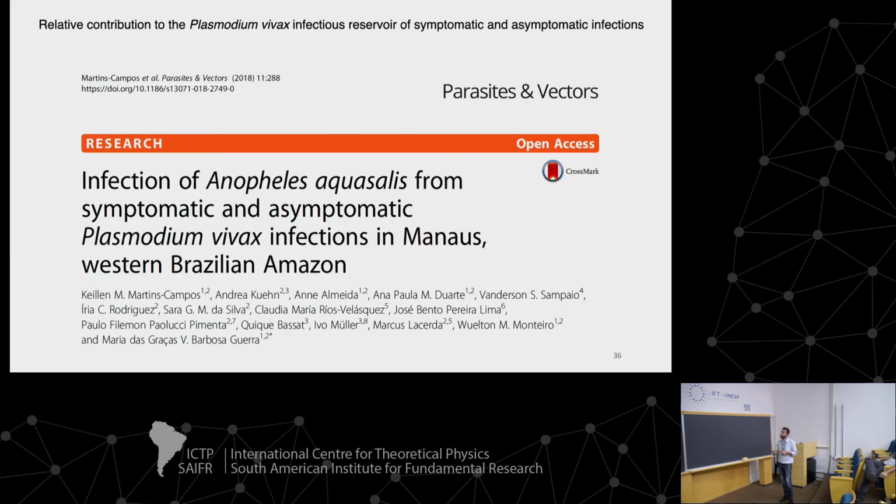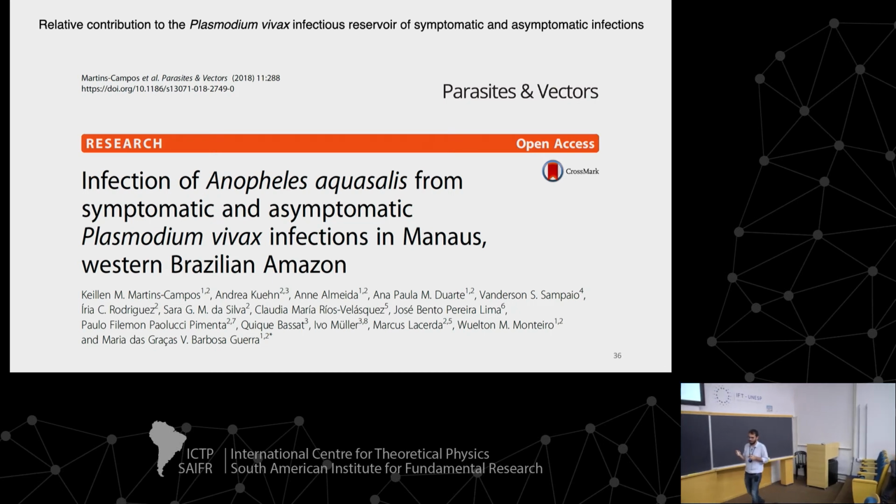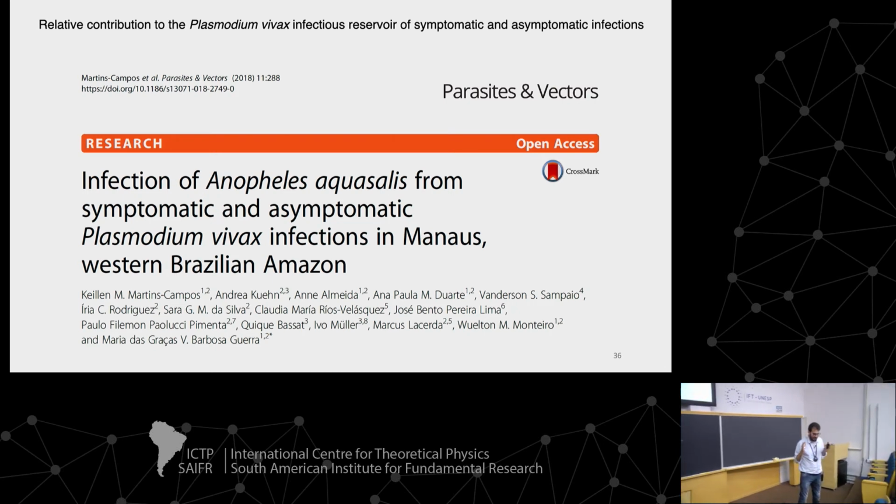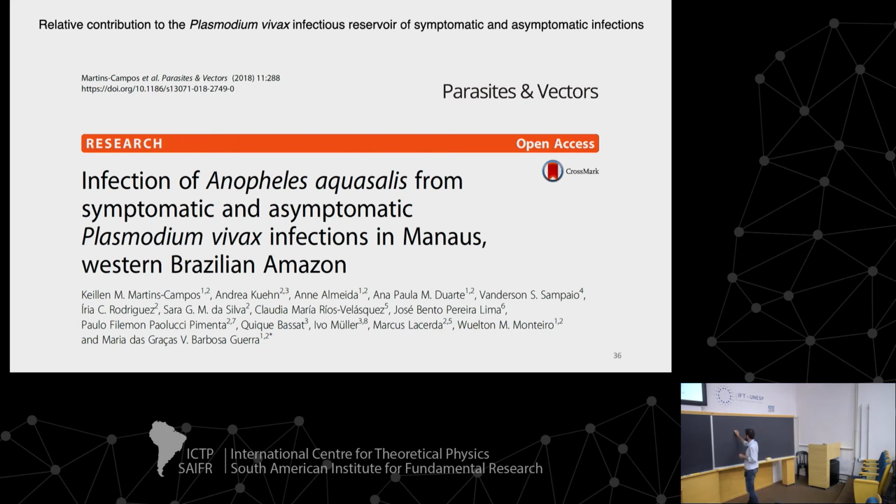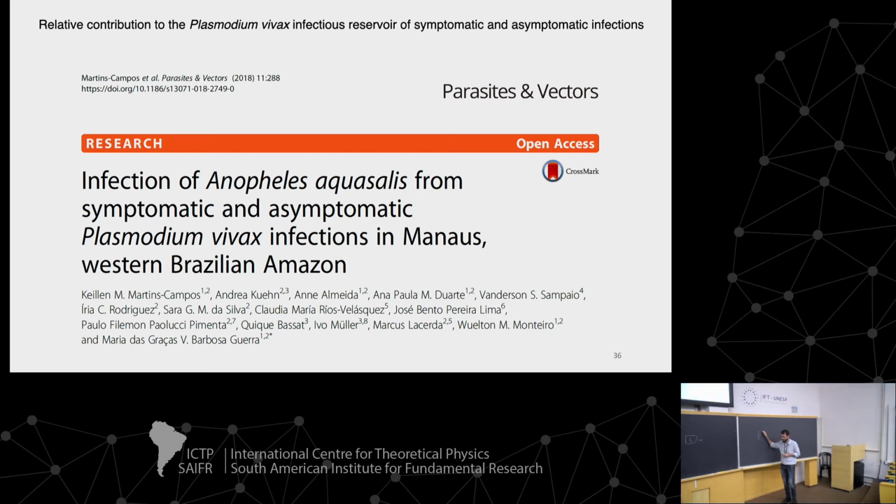So we went through many different articles and tried to get a parameter that informs us, if someone is infected and a mosquito comes, and if it's asymptomatic, or let's call here infected, asymptomatic is also infected, but just to follow the same rule, what is the relation between the infectiousness of an asymptomatic and an infected person?